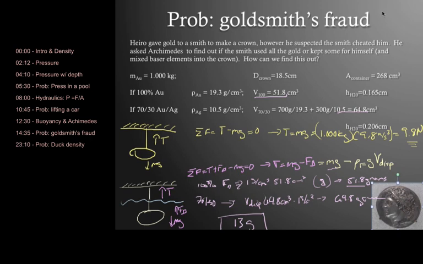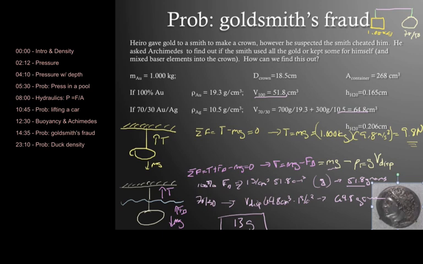So what you can do is set up a scale, right? And then you can hang the two objects here. Well, we can put our 1.00 kg of pure gold over here, and then we can put our crown over here. So this crown should have been 1.00 kilograms of pure gold, but let's say that it's 70/30.